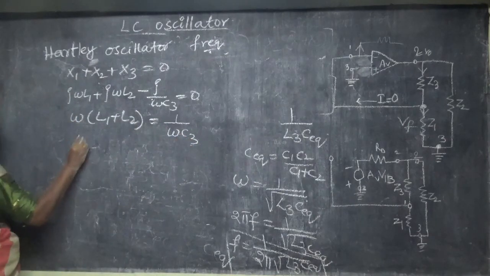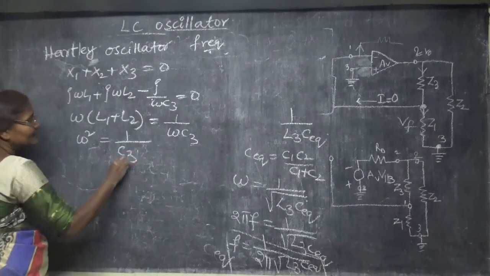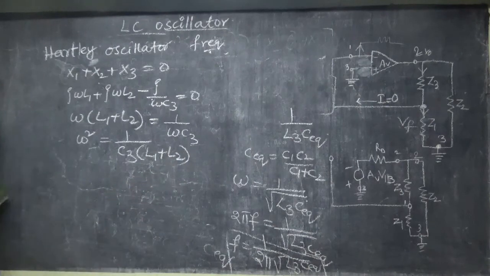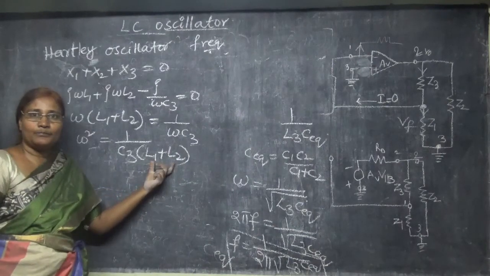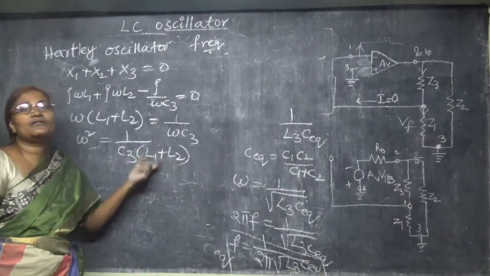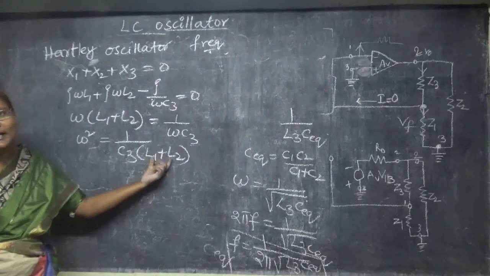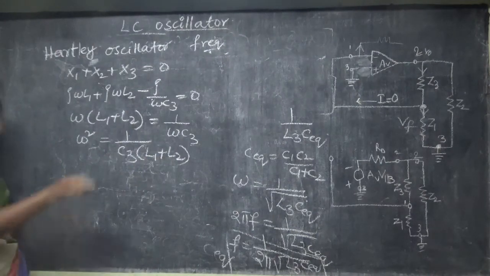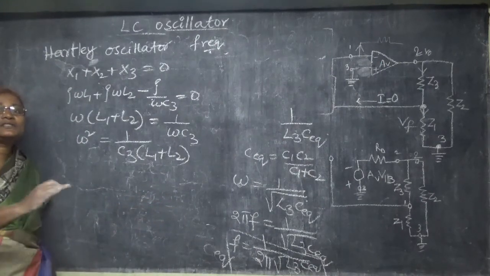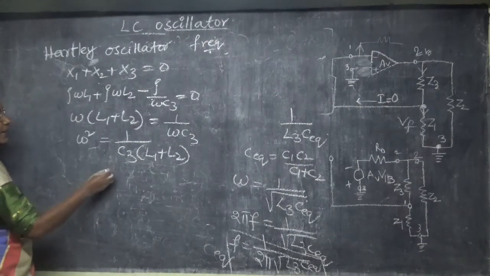When omega comes here, omega square is equal to 1 by C3 into L1 plus L2. When inductors are in series, then they will be simply addition of those inductances. So when L1, L2 are in series, we add them, just as we do for resistors. But remember, the formula used when capacitors are in series is the one we use when resistors are in parallel.